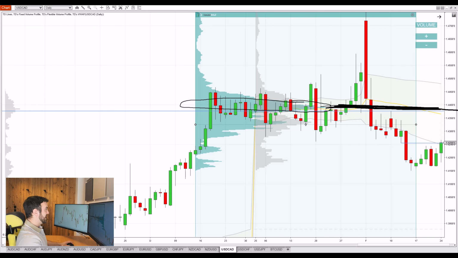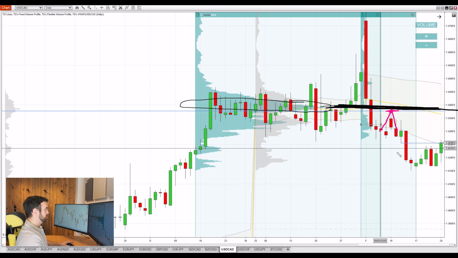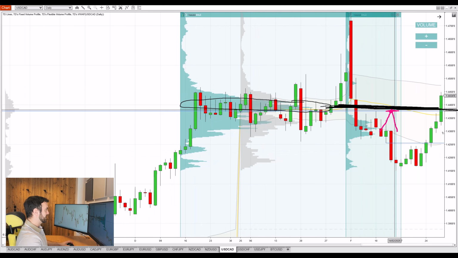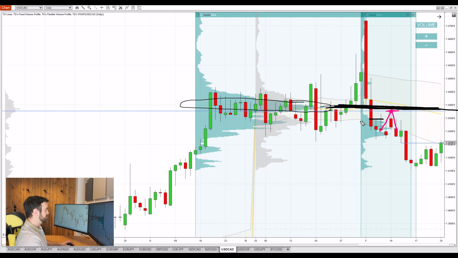At the same time, this was a place where I had my stop loss. My stop loss was above the wick of the highest candle of this area. Also, the stop loss was based on the fact that it was behind this heavy volume zone.